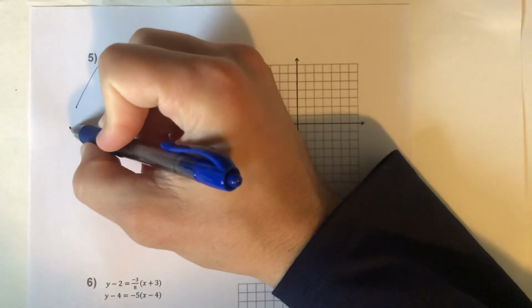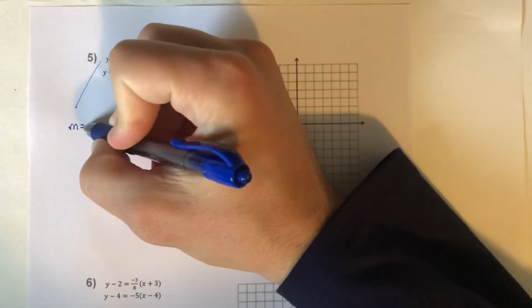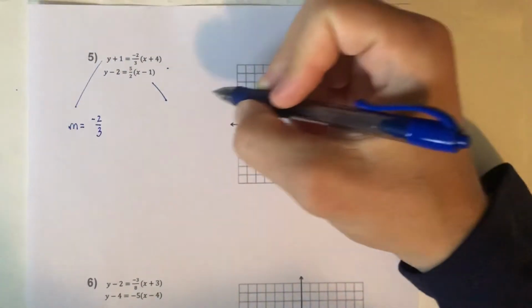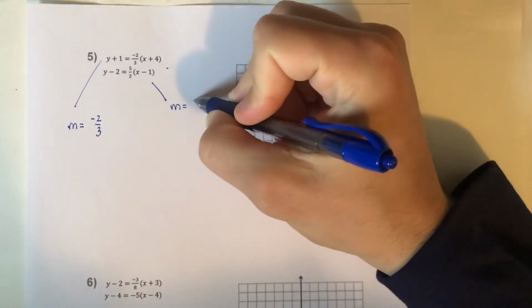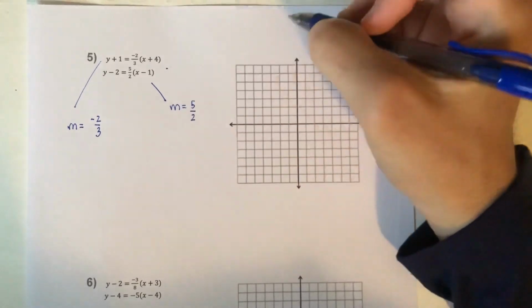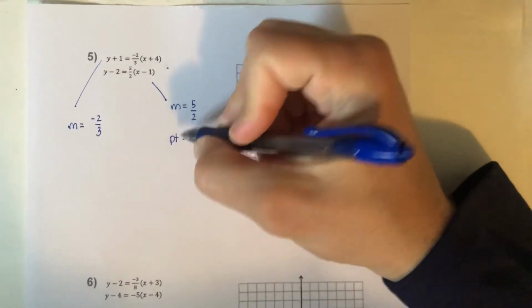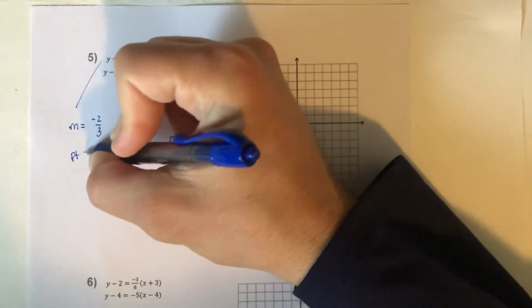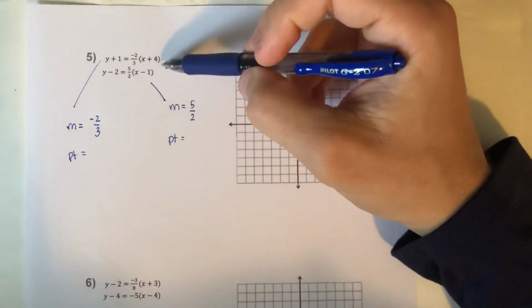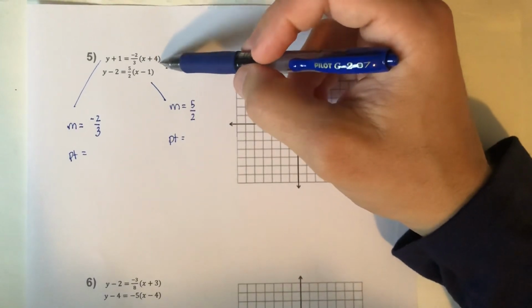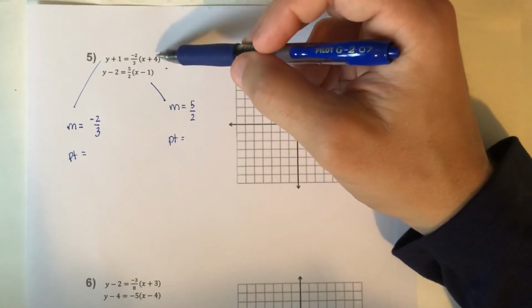So for number 5, your top line, m, easy to recognize. It's in front of the parentheses. Bottom line, easy to recognize, in front of the parentheses. And then all you need to do is find the point, because you can make any line with a point and a slope. The trick, and I definitely have said this many times, the trick, take the opposite of what you see.